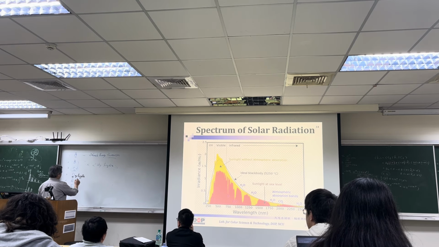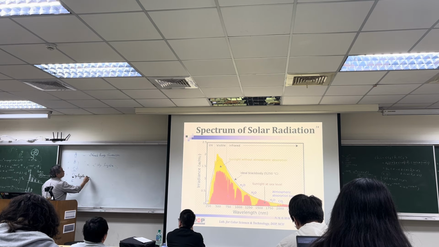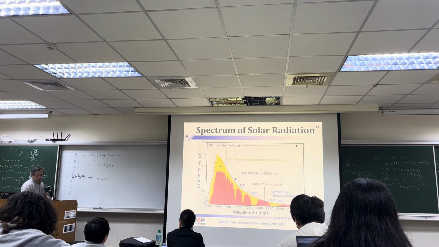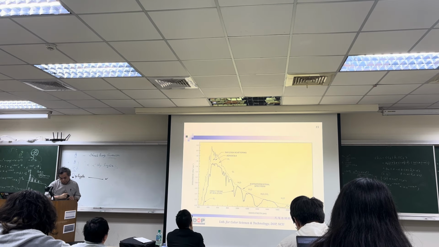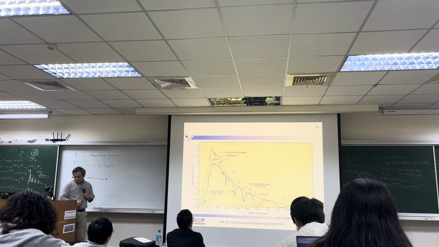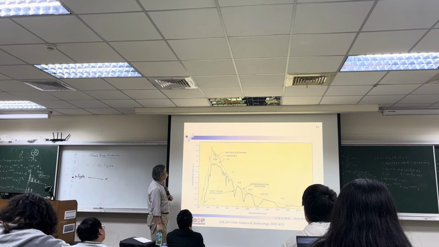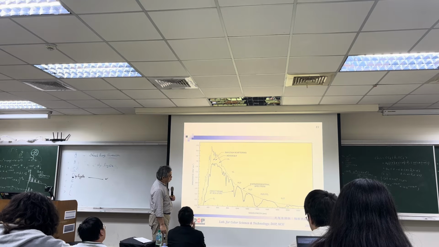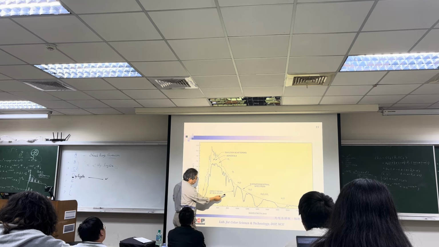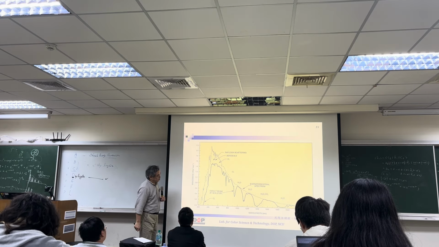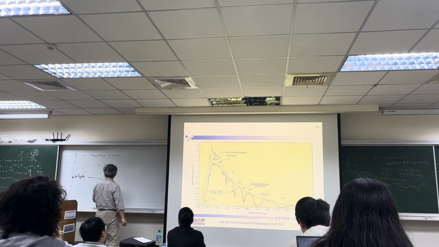So we have standard illuminant D. Later we will talk about the detail. This is another example, showing more narrow bands absorbed by different kinds of molecules.